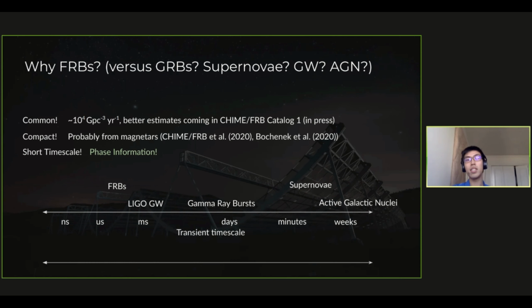And this changes our lensing search dramatically, because when you have phase information, the time resolution you have is not set by the variability timescale of your transient, but instead by the bandwidth of your detector. So if you had a 1 gigahertz bandwidth radio telescope, you're suddenly sensitive to time delays on the order of nanoseconds instead of the variability timescale of whatever transient you care about. And this actually allows us to push our physics reach to lower and lower lens masses, enabling a very sensitive search for black hole dark matter.